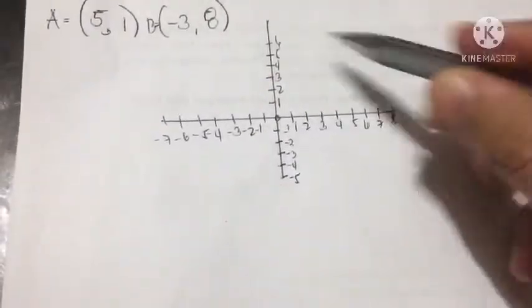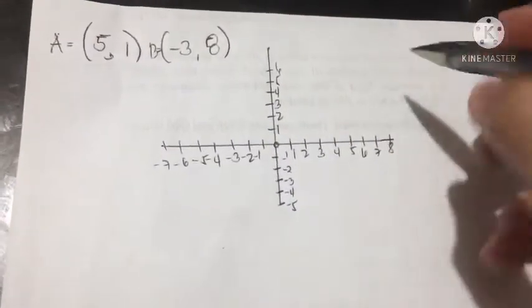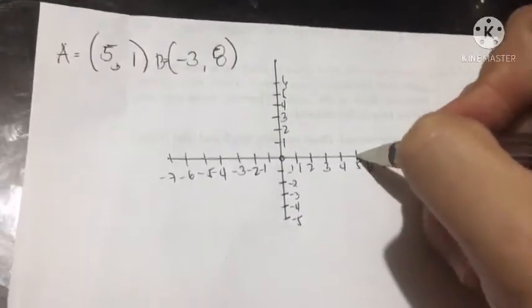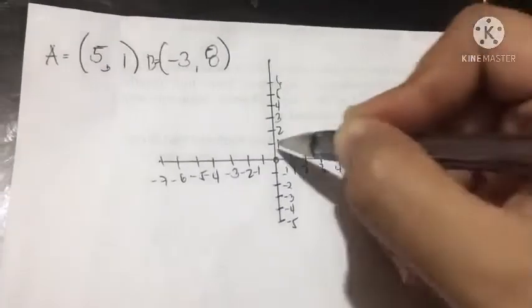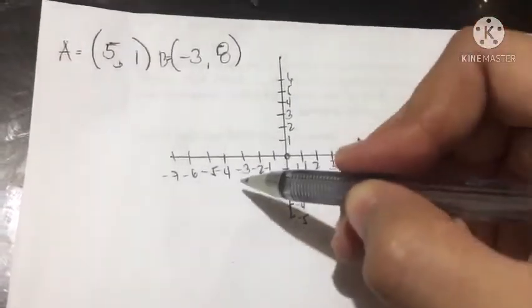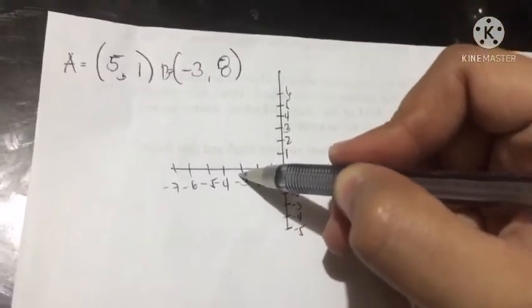So, ito yung ating Cartesian plane. So, i-plot muna natin. So, we have 5, 1. So, ito siya. Yan, that is point A. At yung ating point B naman, that is negative 3 hanggang positive 8.